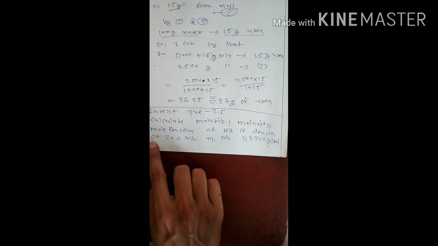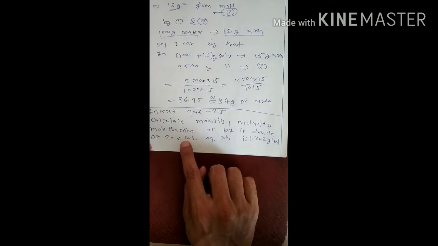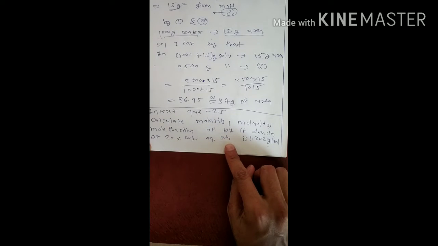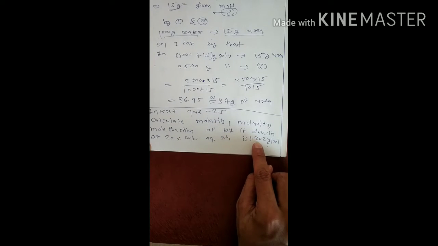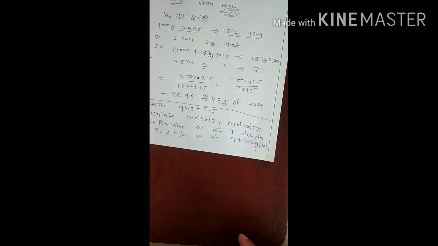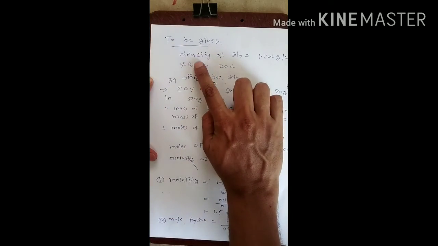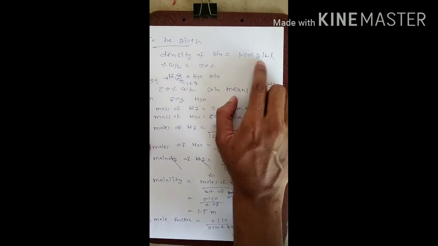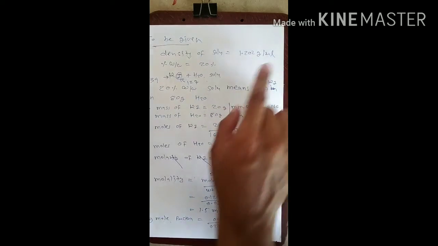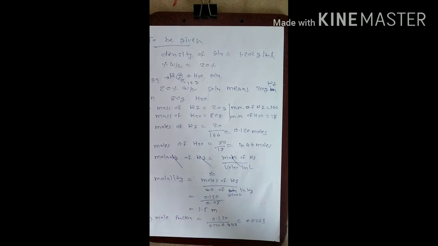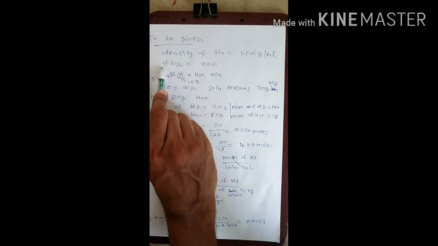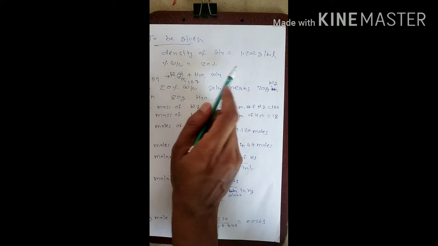If density of 20% weight by weight aqueous solution is 1.202 gram per ml. Okay. So here what we have in the question, density is given, density of solution, that is 1.202 gram per ml. The concentration of solution is given, percentage weight by weight 20%.